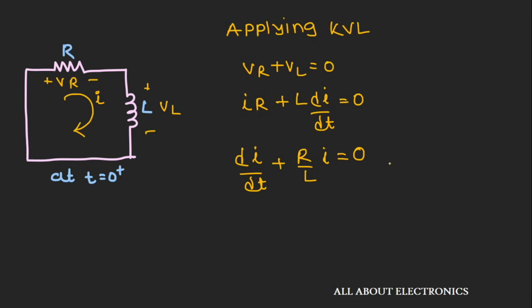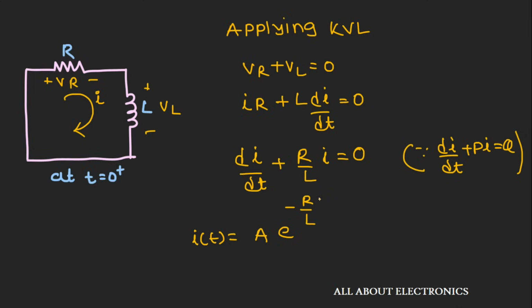Now if you compare this equation with di by dt plus P i is equal to Q, then you can see here that the Q term is 0. So the response of the circuit will be only the source free response, as there is no forced excitation in this circuit. And the response of the circuit can be given as A into e to the power minus R by L into t.